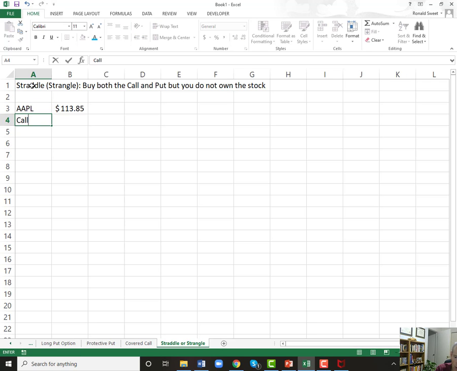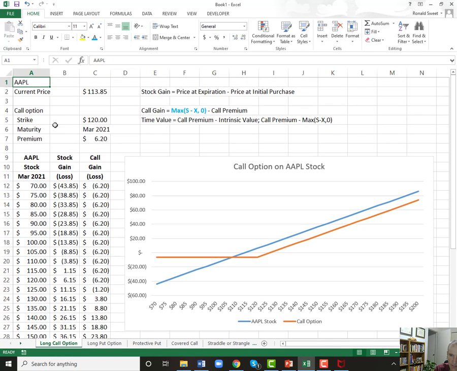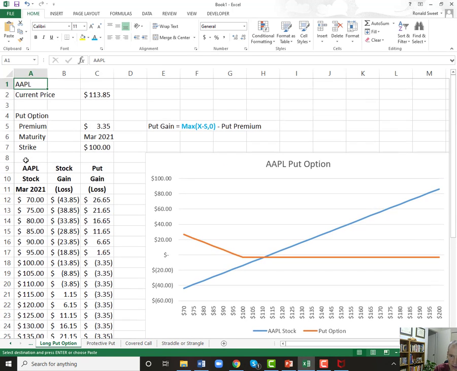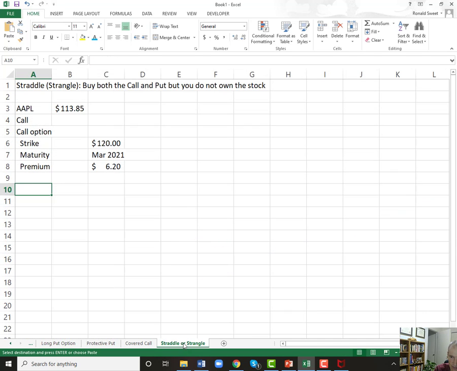Here we have the call, the same call we used before. Here we're buying them, so the higher ask price is the right number. The same thing on the put. There's the put, same maturity. Now we've got to look at what this looks like.